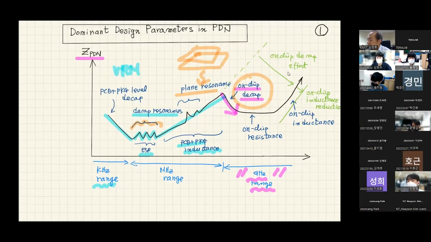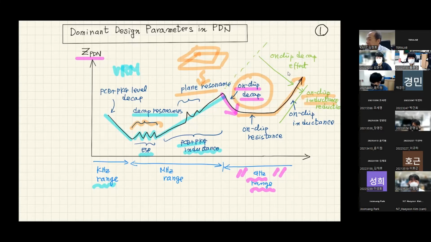But on-chip PDN interconnection also has some resistance. Decoupling capacitor itself has some resistance. So because of that, the impedance limit will show up at this frequency range, and eventually impedance will go up again because of on-chip inductance of the PDN network.